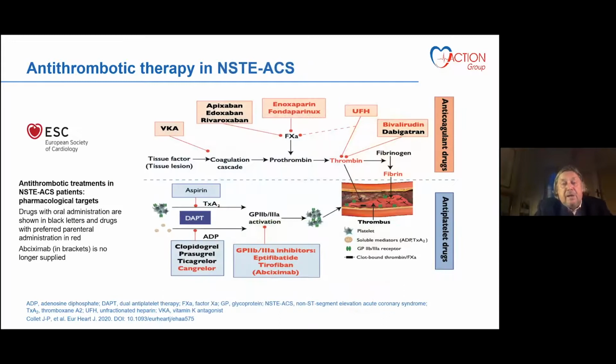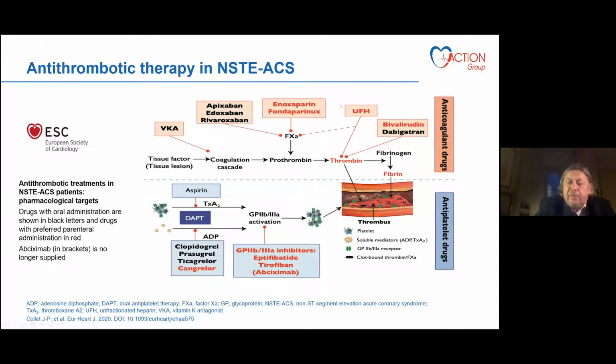Now, which kind of antithrombotic therapy is available? This is not only for non-ST elevation ACS, this also applies to STEMI. I just shortly want to go through the anticoagulant drugs that we might use. With respect to an acute ACS situation where a patient goes to the cath lab, it's usually unfractionated heparin or also the low molecular heparin enoxaparin.